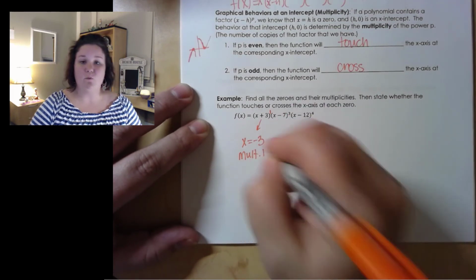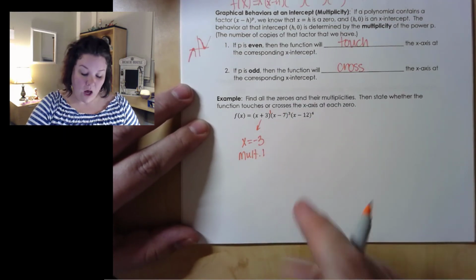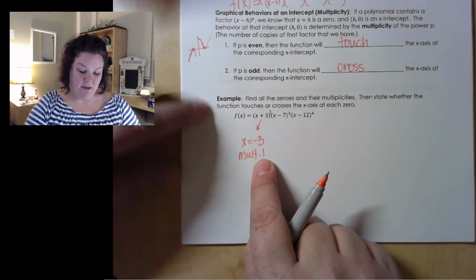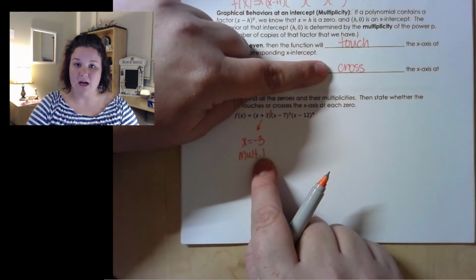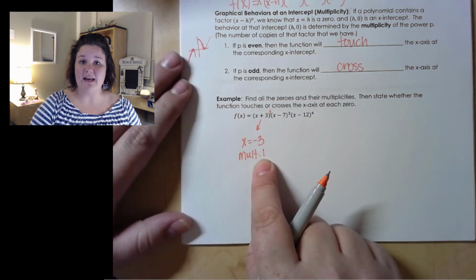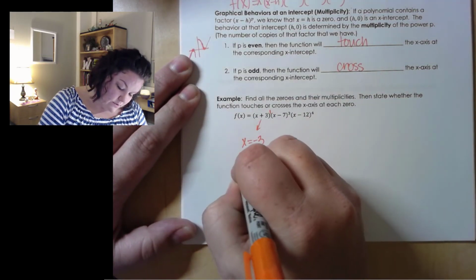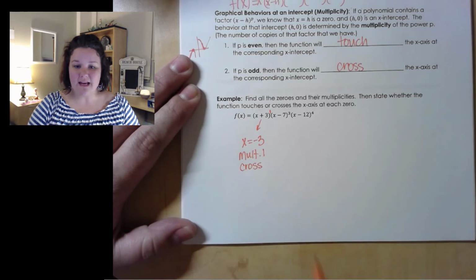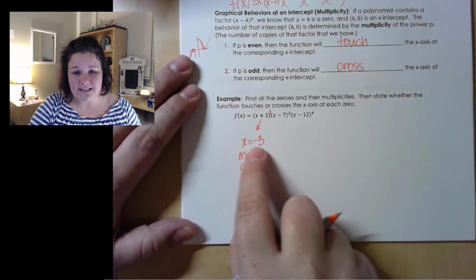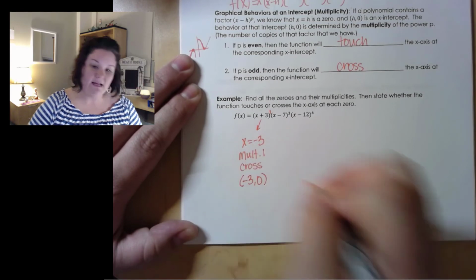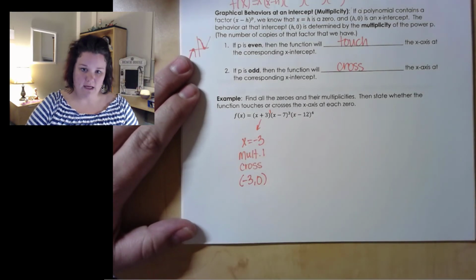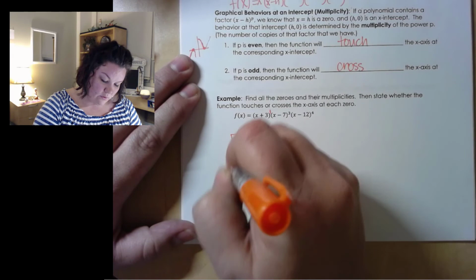So the multiplicity is 1, and 1 is an odd number. Because it's odd, I know my graph is only going to cross at that x-intercept. I don't want to write it as x equals -3. I want to write it as the x-intercept (-3, 0).